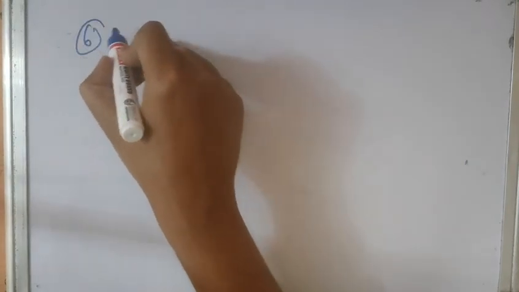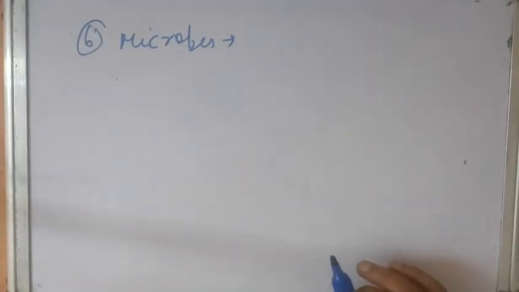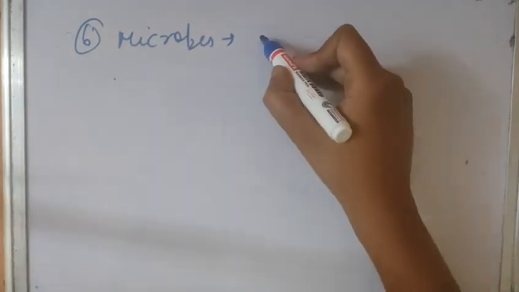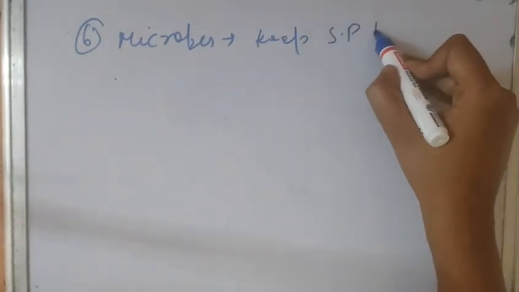Moving on to the next factor, microbes or microorganisms. Example, algae, fungi, bacteria. Microbes keep soil particles together.